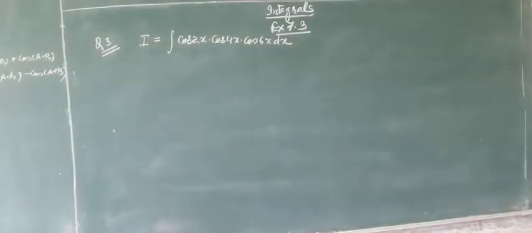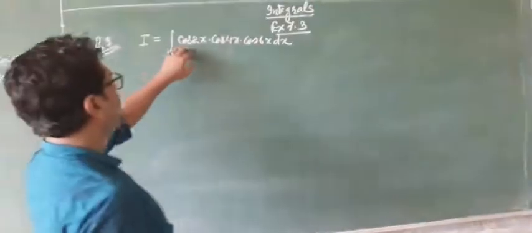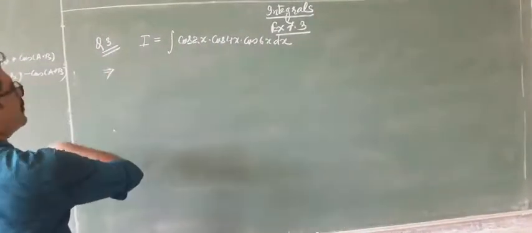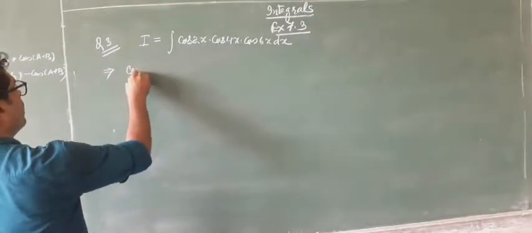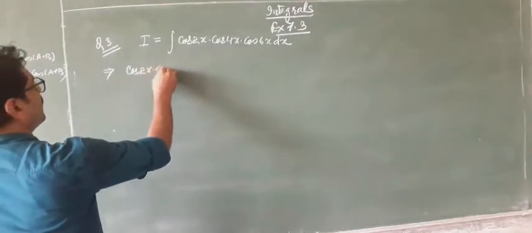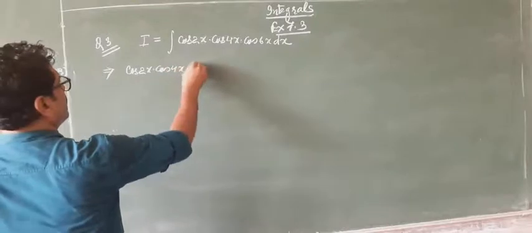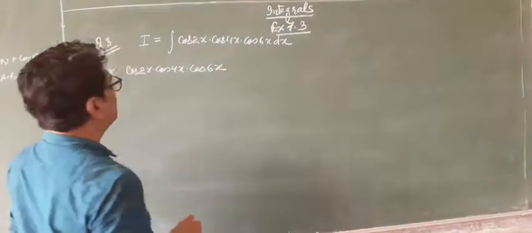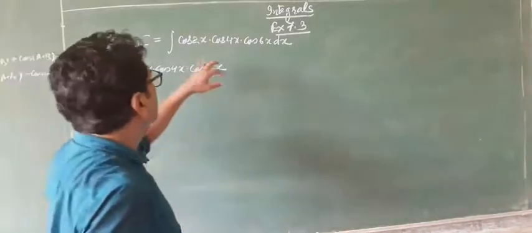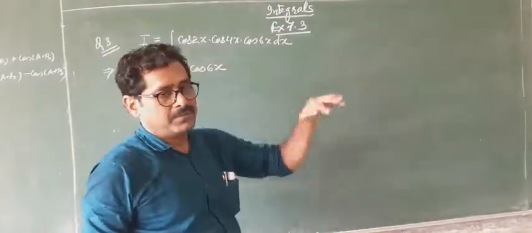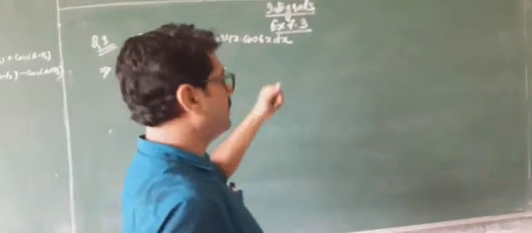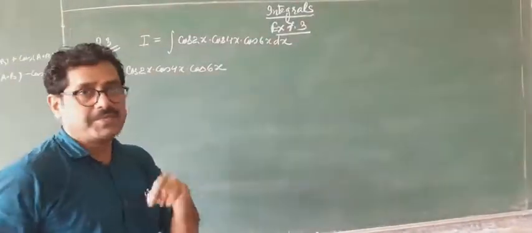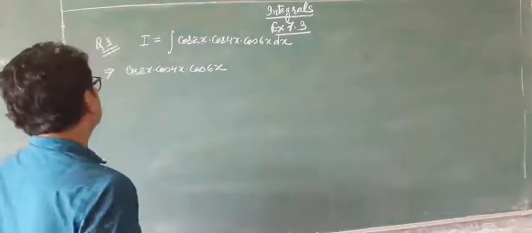So at first we solve cos of 2x, 4x, 6x. So we take cos 2x, cos 4x, cos 6x. And we know that there is no product rule formula like this, so we first solve it by a trigonometric formula.